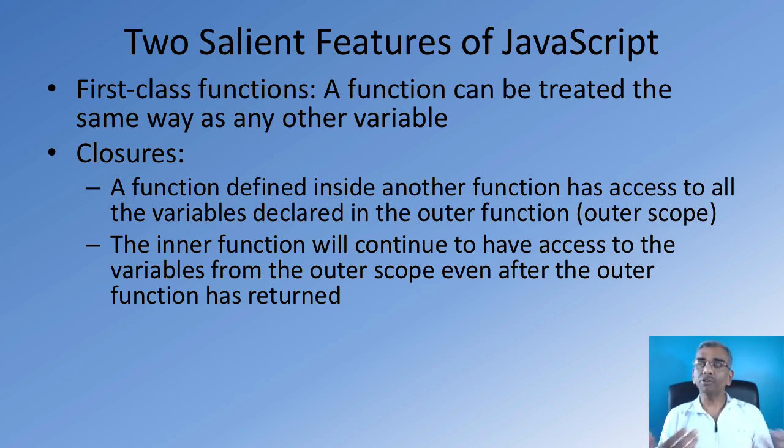So even if the outer function has completed execution, when the inner function executes later, the inner function will still have access to the values of the variables within the outer function. And this is again very effectively used when we use callbacks in Node applications.